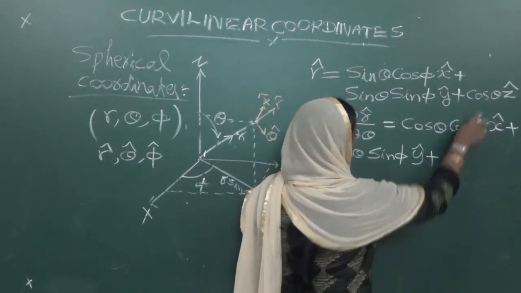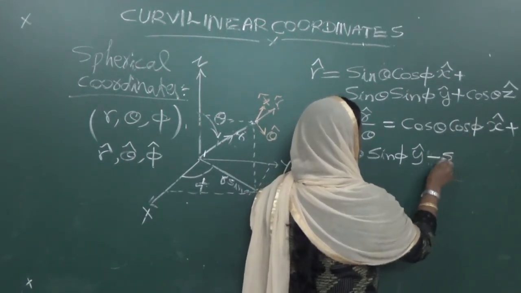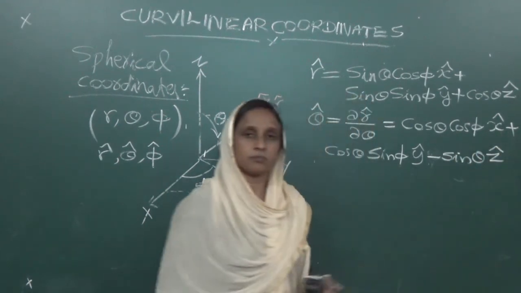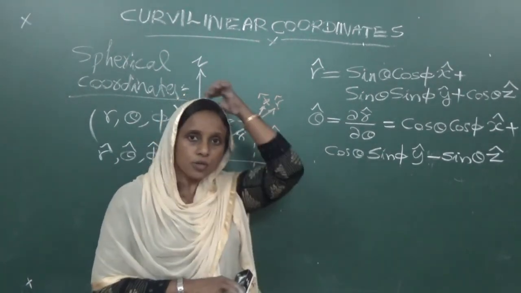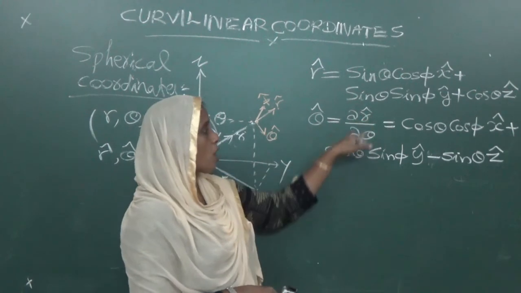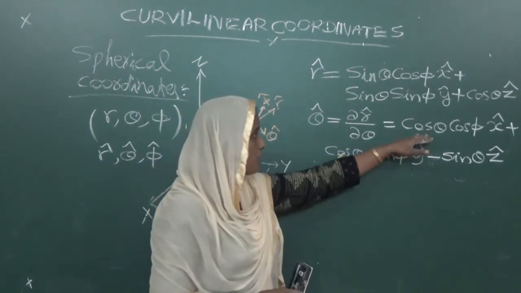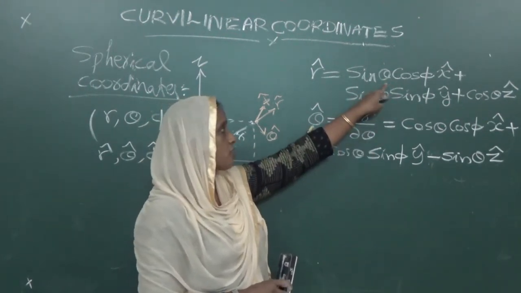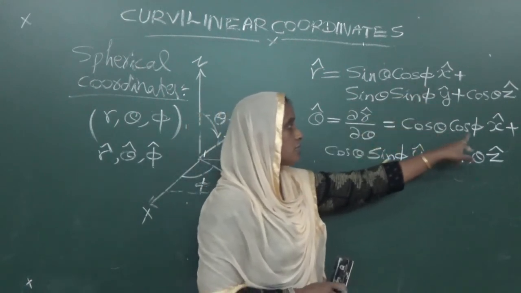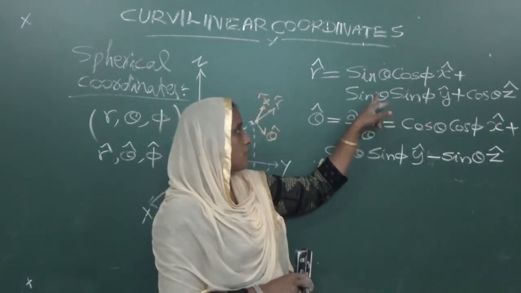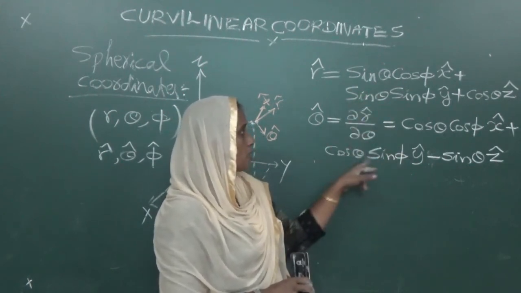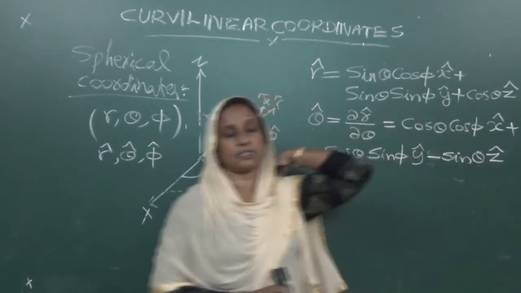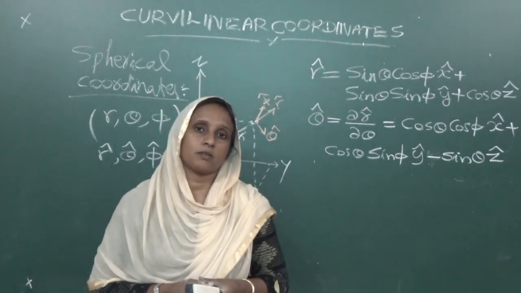Theta cap is given by dou r cap by dou theta. Differential of sin theta is cos theta, cos phi itself, so cos theta cos phi x cap plus. Moving on to the next term, differential of sin theta is cos theta, again cos theta sin phi y cap plus. When you move on to the last term, cos theta gives you minus sin theta z cap.